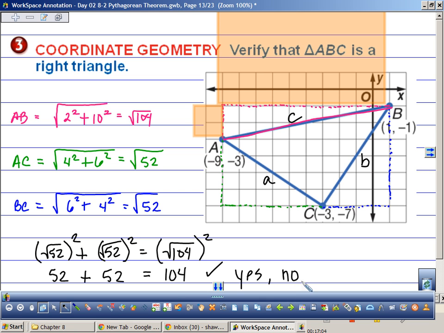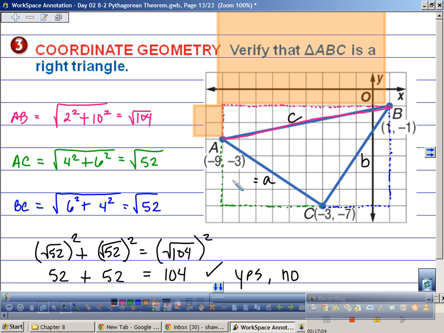Why? Because these are not whole numbers, right? This side is the square root of 52. This side is the square root of 52. And this side is the square root of 104.